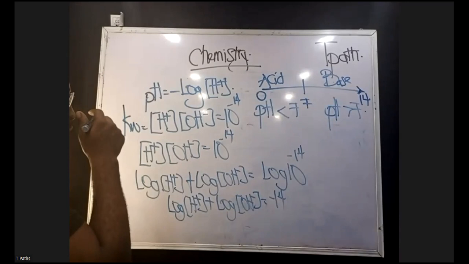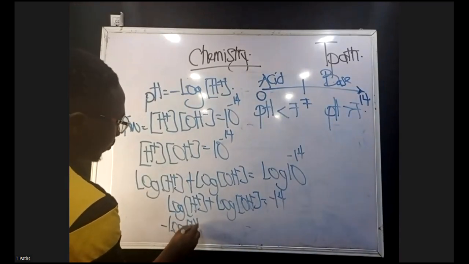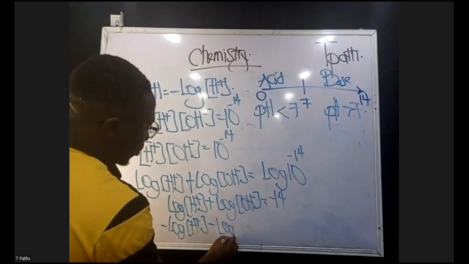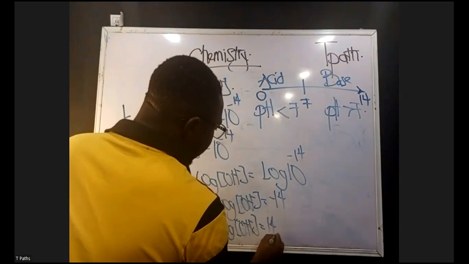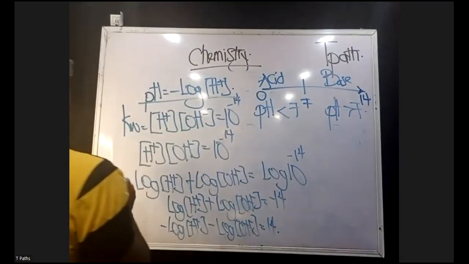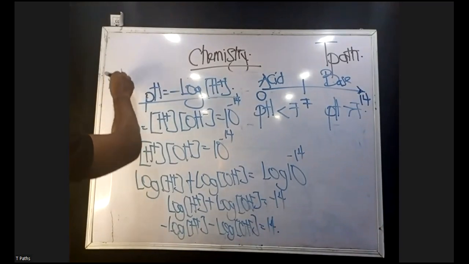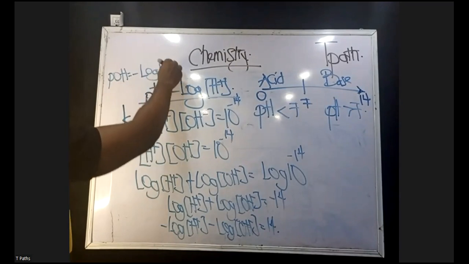Multiplying through by minus 1, we have minus log H+ minus log OH- equals 14. But from here you can see that pH equals minus log H+, and pOH is equal to minus log OH-.